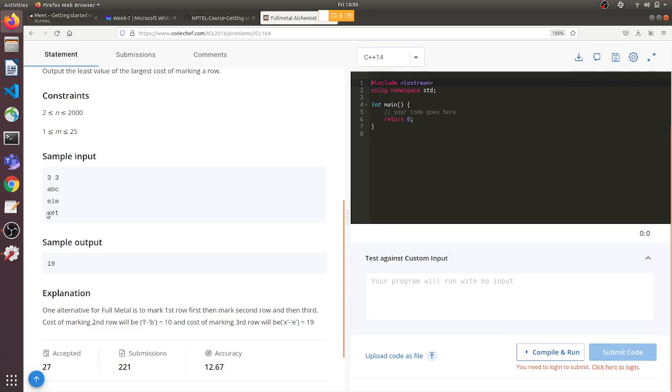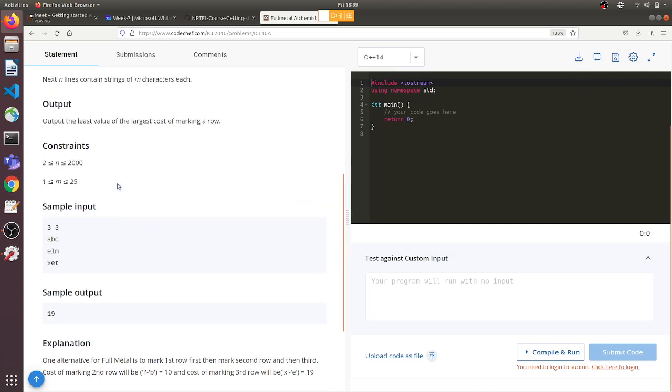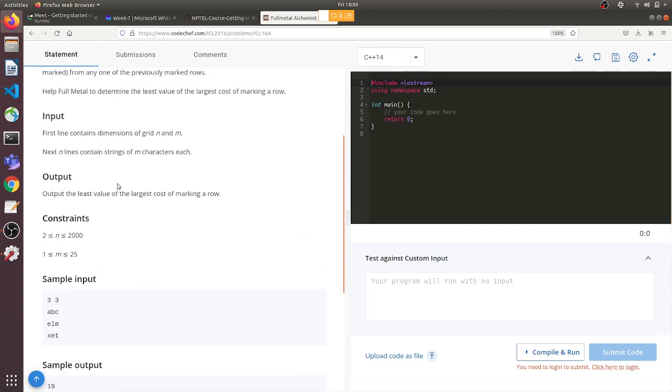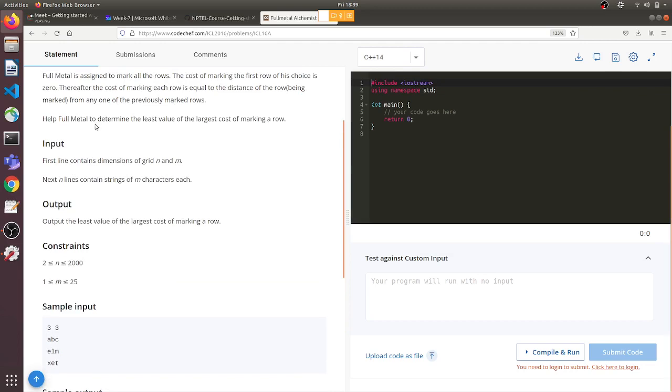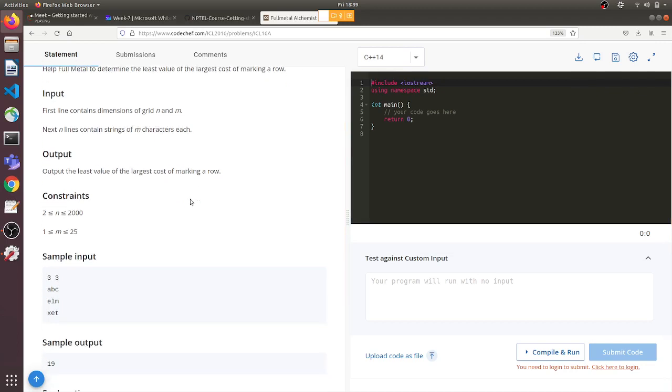So when we are marking this row, we can take any of the distances. And we have to mark all the rows and determine the least value of the largest cost of marking a row.